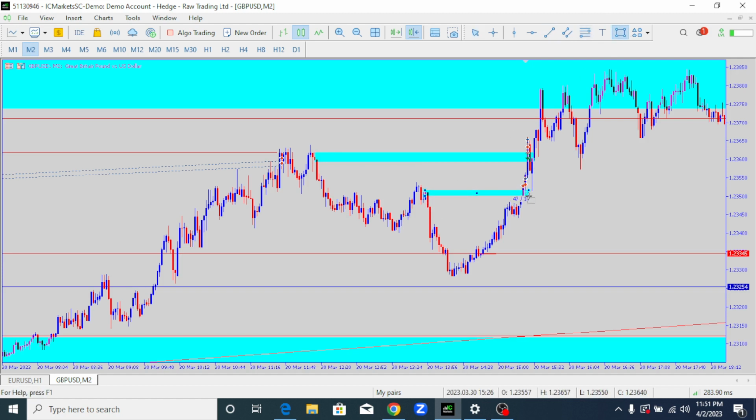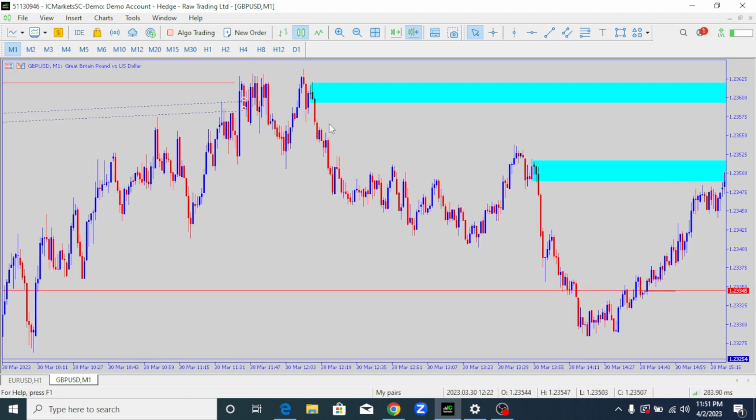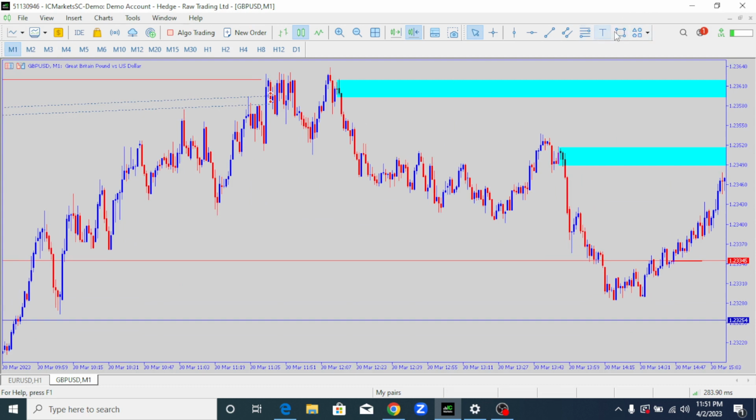I took these 2 entries, and before these 2 entries there was this point of interest around this area.